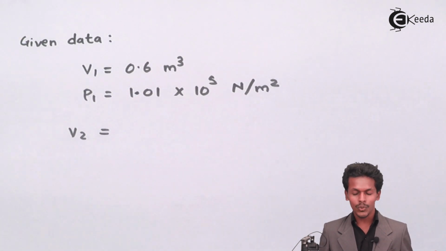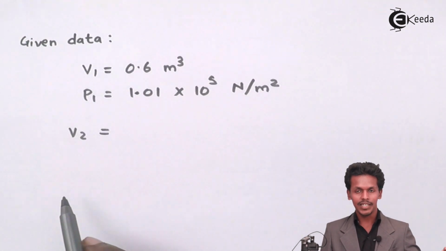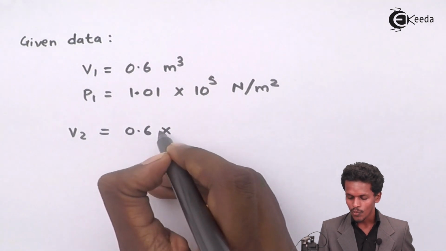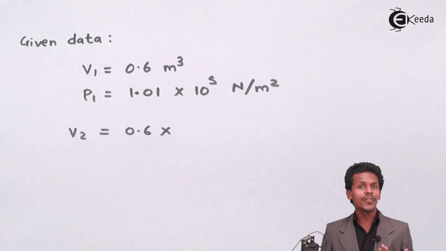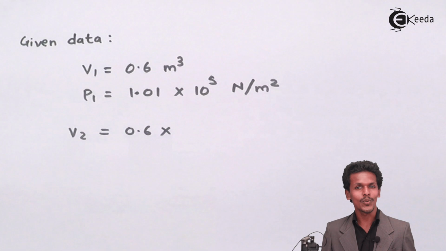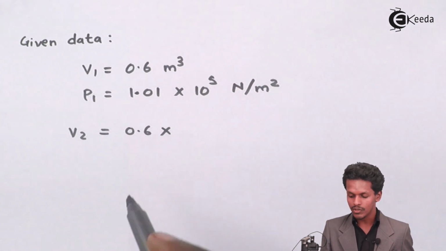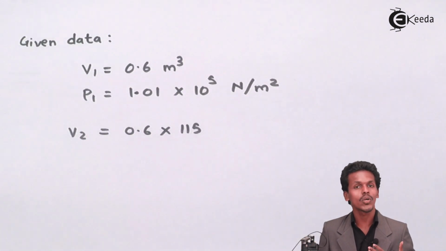Suppose this is the original value that has been given, that is V1, the initial volume, given as 0.6. Because the volume is being increased by 15%, which is out of 100%, I take 100 plus 15, which makes 115 out of 100.